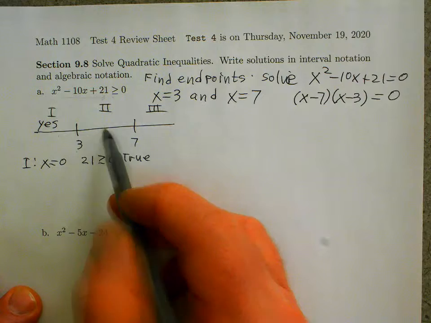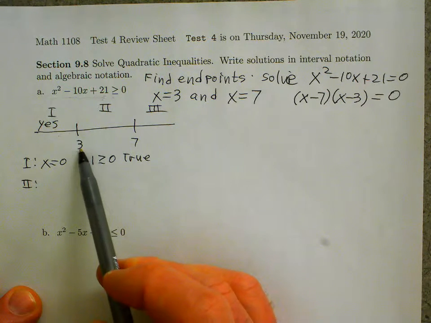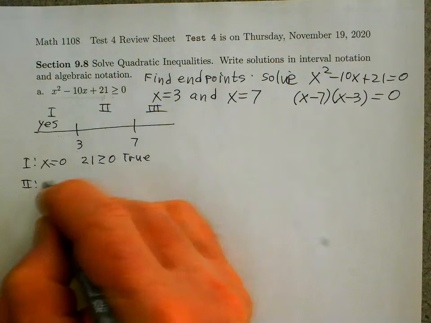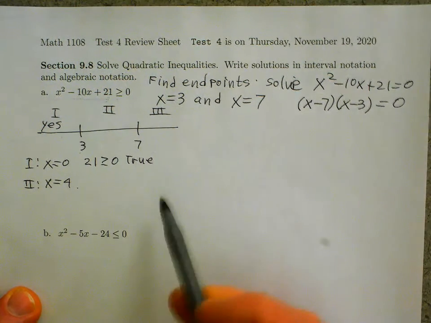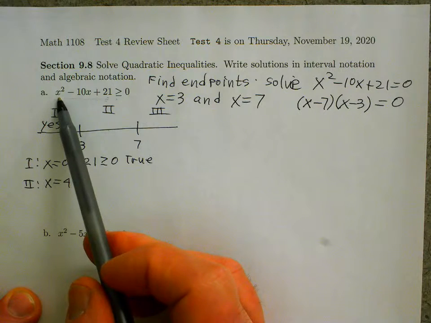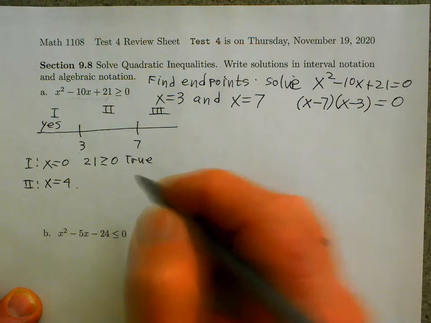In the second interval, we'll pick a number between 3 and 7. I'll pick x to be 4. And then 4 squared is 16.